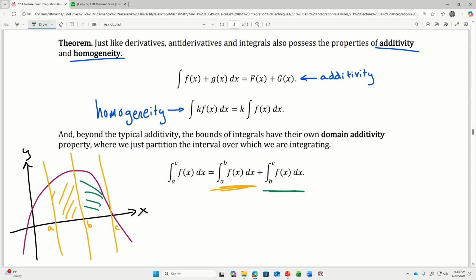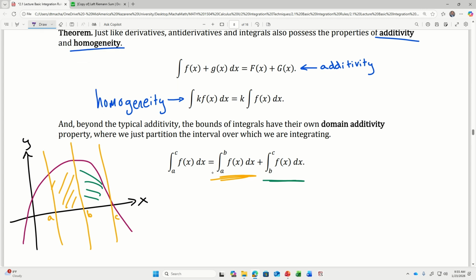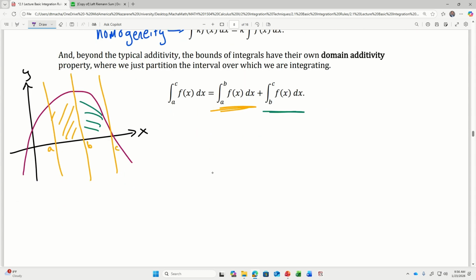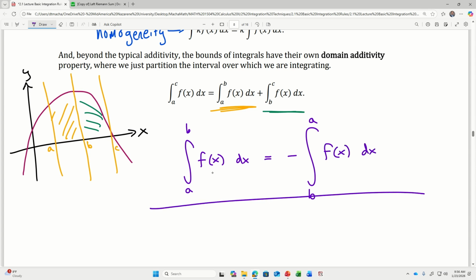Another one that I forgot to put in my notes, that I should really go back and include for next time I teach this class next year, would be this. If I have an integral from A to B of a function, then this is the negative of the integral where I switch the bounds.